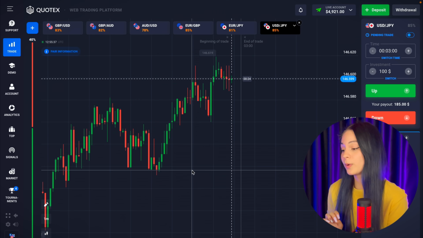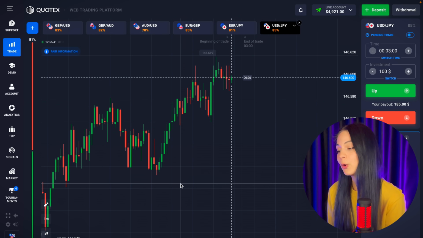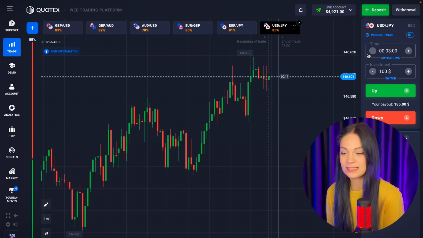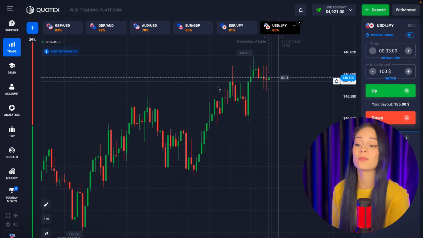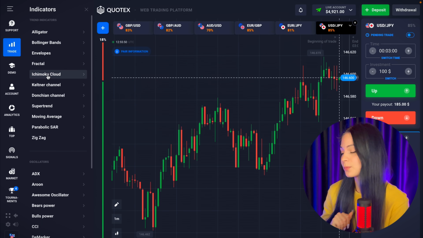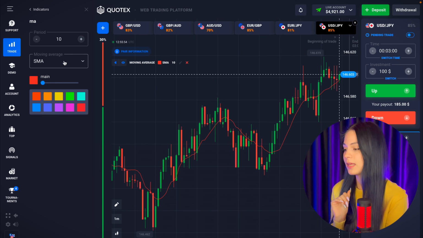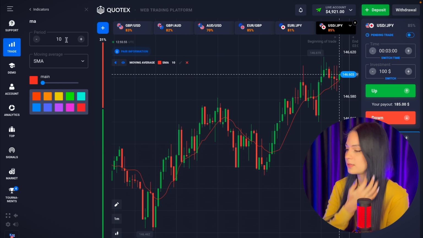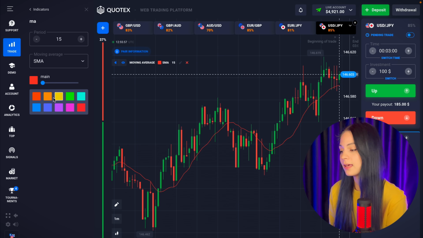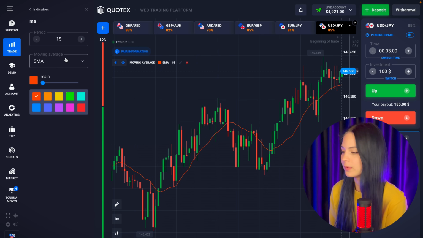All right, let's get to Quotex and let's try to find this deal on the real market in real time and open a trading deal using this strategy. Expiration time 3 minutes. The amount of money that I use is $100, around 2% of my balance. And first things first, we're adding the moving average. The first one is gonna be the period of 15, and the color is gonna be red, just like in the example.